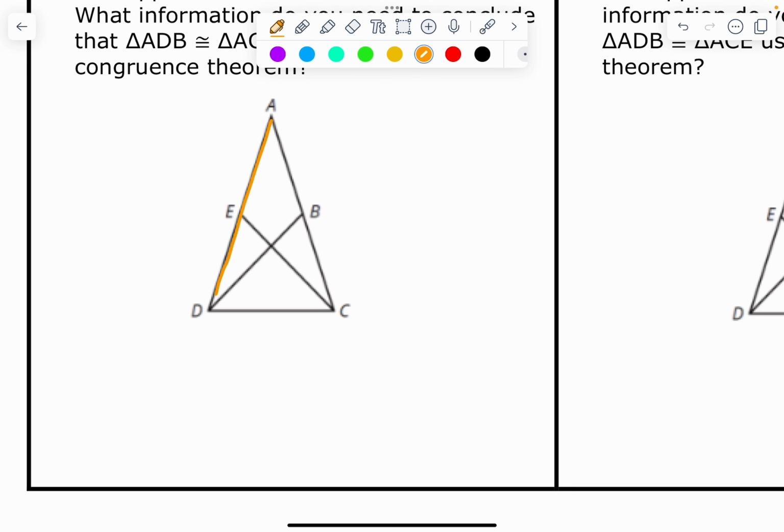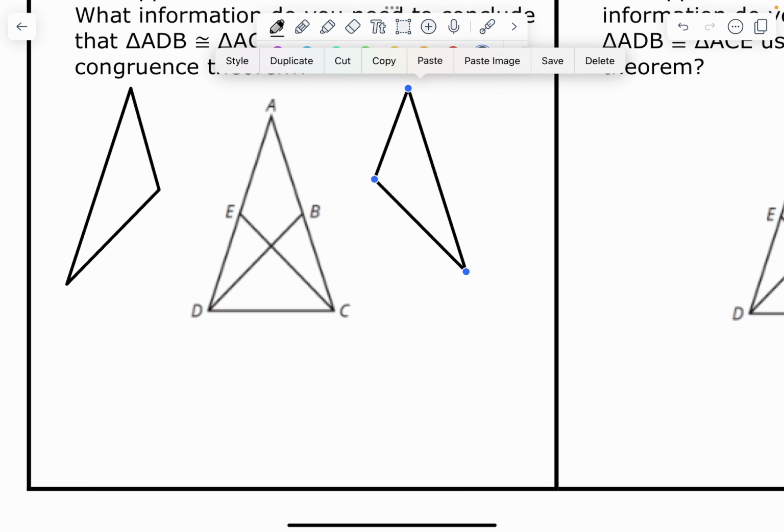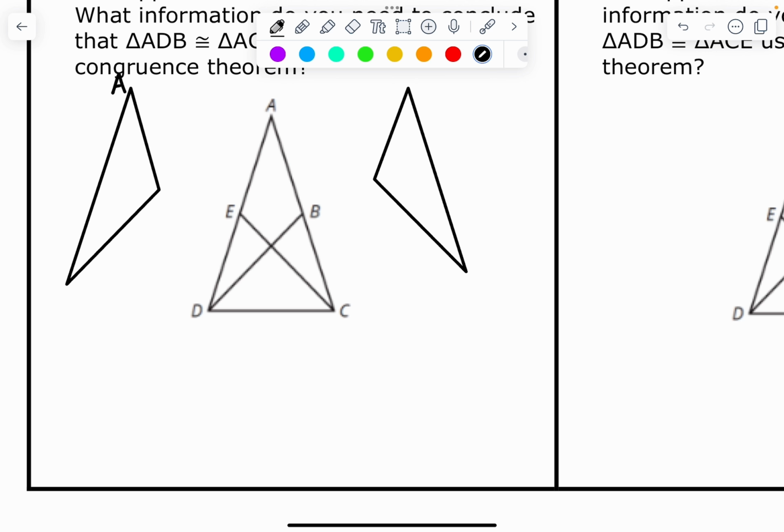Okay, so real quick, let me just draw these separately. So that would be A, D, B, and A, C, E.